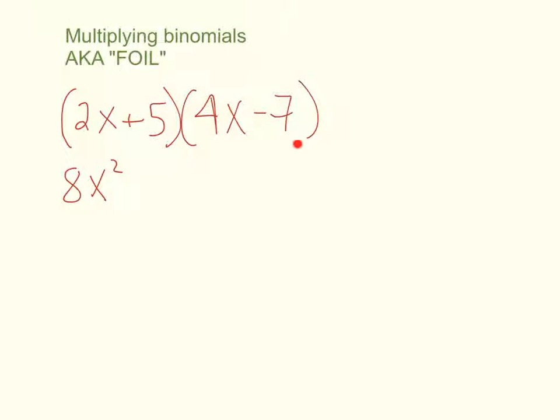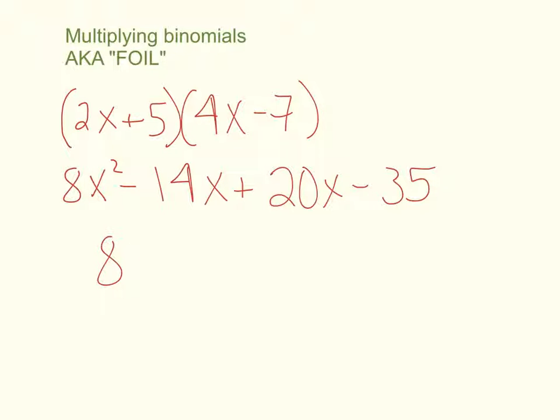And then the 2x times the negative 7 is going to give us negative 14x. Then we need to distribute the 5 to both the 4x and the negative 7. So that will give us plus 20x and then minus 35. And then we're just going to combine like terms, which are the two middle terms. And that's going to give us 6x.